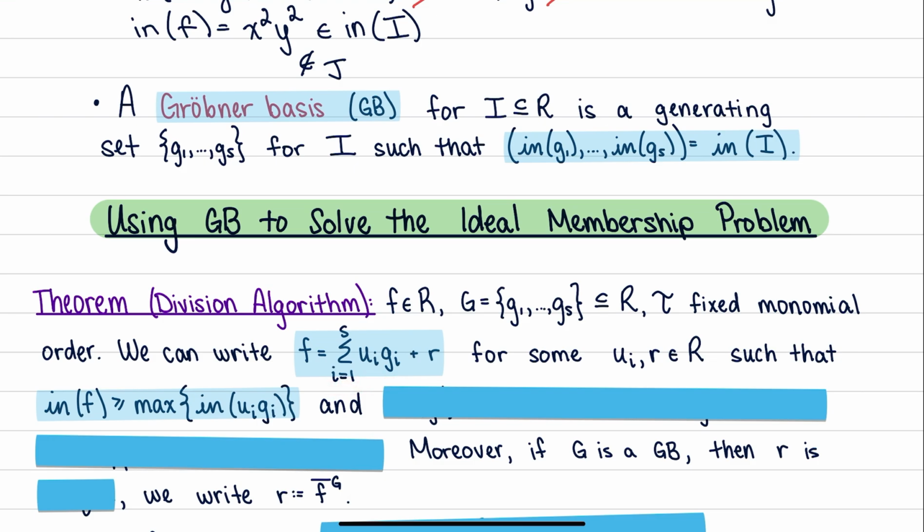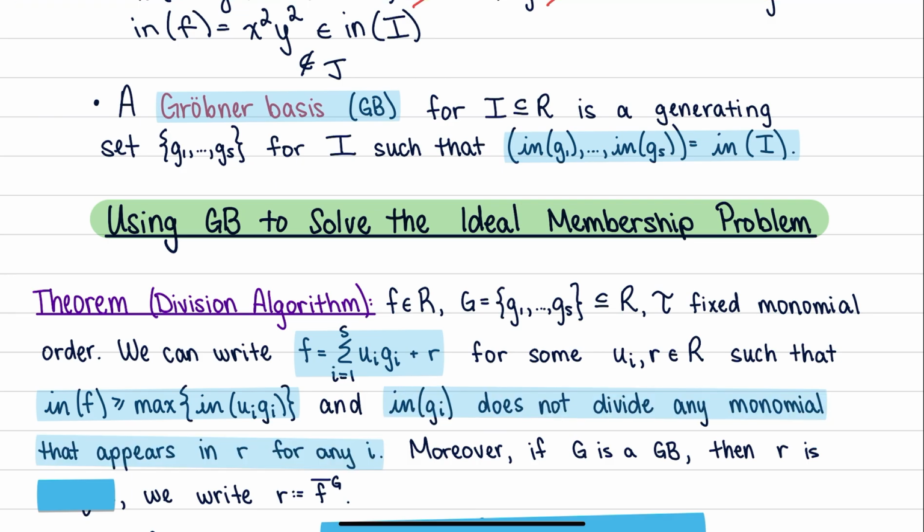And then we're also going to have our remainder satisfying this rule that none of the initial terms of any of these elements of G are going to divide this remainder r. And the exciting part is if we do this division algorithm using a set G that is a Gröbner basis, then this r is going to end up being unique.